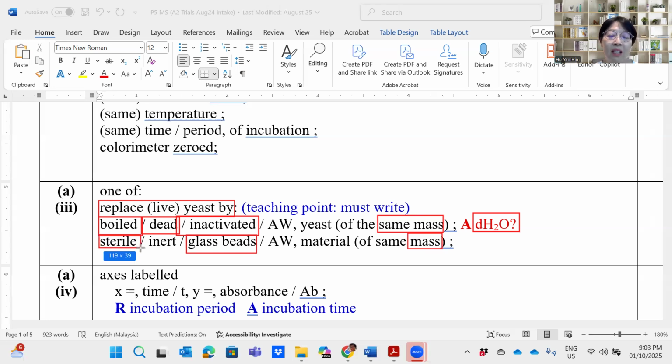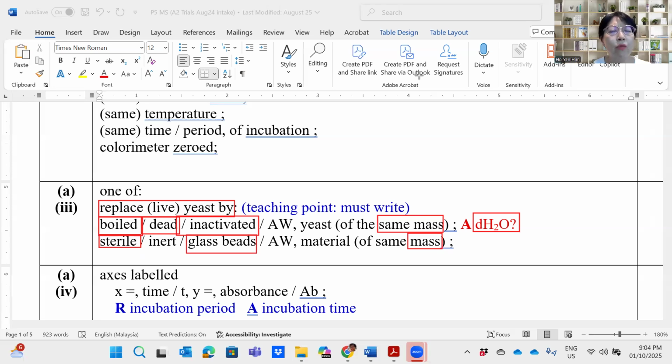Sterile glass beads means the glass beads must not contain fungus or bacteria, because then they start to use the glucose, and suddenly you see respiration. So it must be sterile, maybe you put alcohol to sterilize the glass beads. This is a very good thing, because they can be contaminated by fungus or bacteria from the air. So sterilize it so that it will not cause respiration.